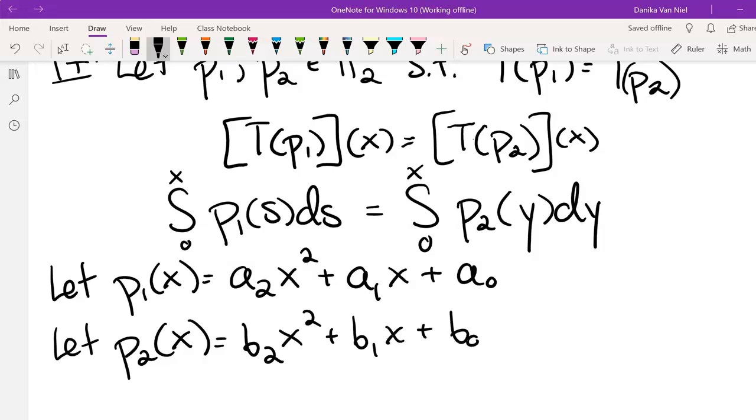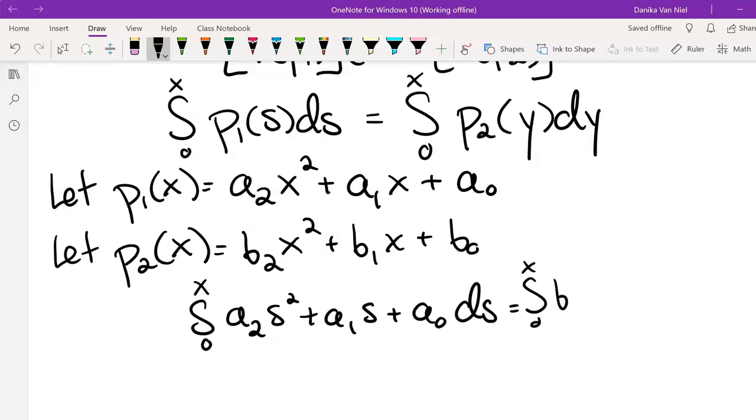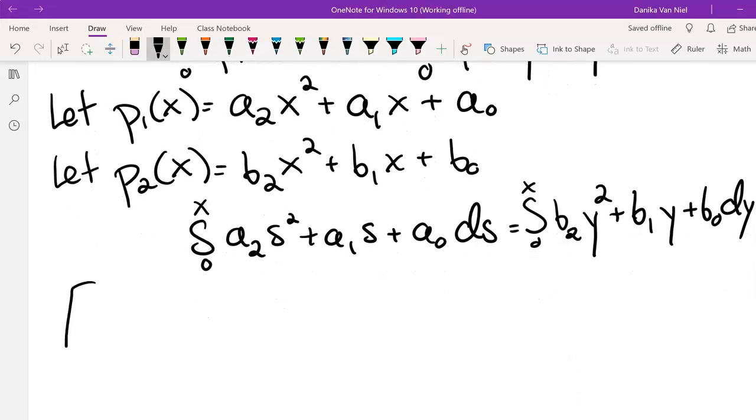Okay, so now if we plug those in, this might become a lot simpler for us. So we have the integral from 0 to x of a2s squared plus a1s plus a0 ds equals the integral from 0 to x of b2, oh, we're not using s's on this side, we're doing y's, I guess, dy. Okay. Well, we know how to take the antiderivative of these things.